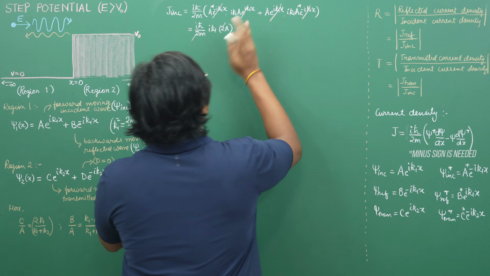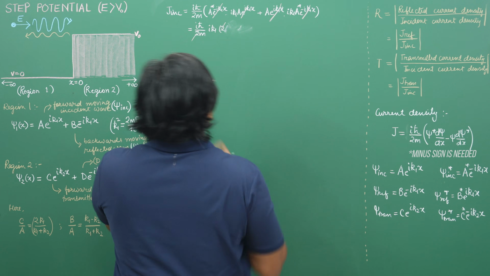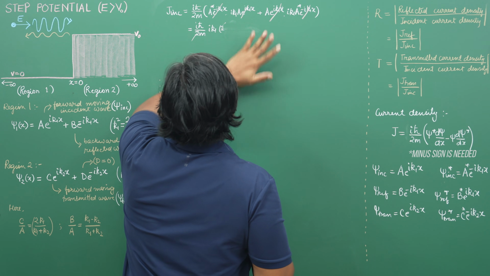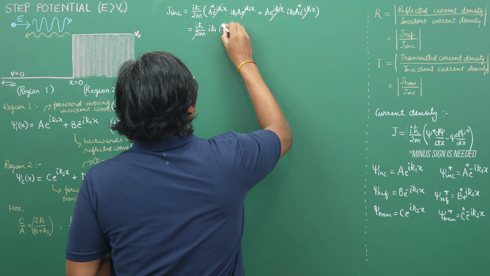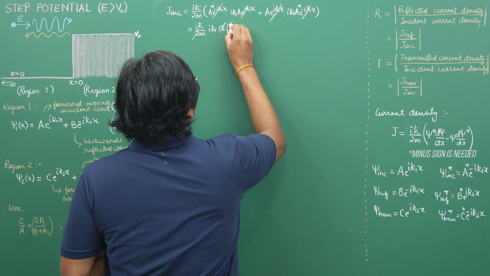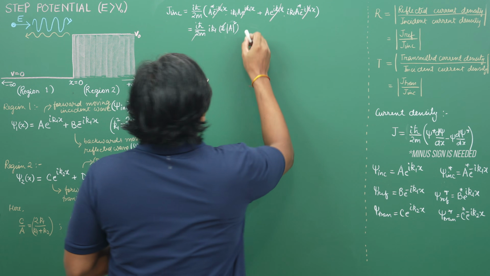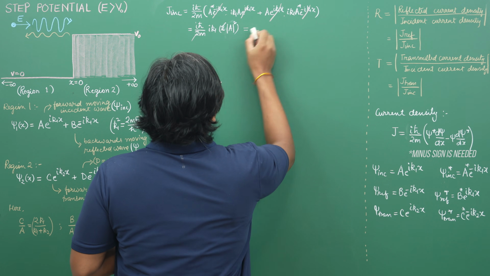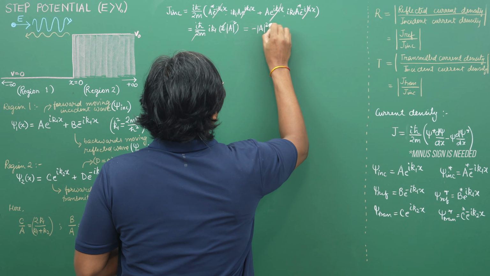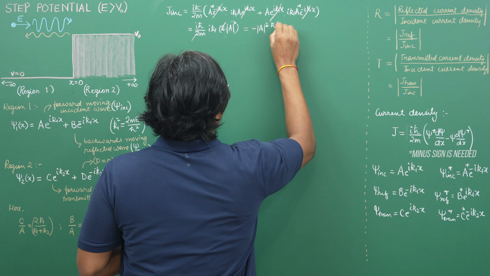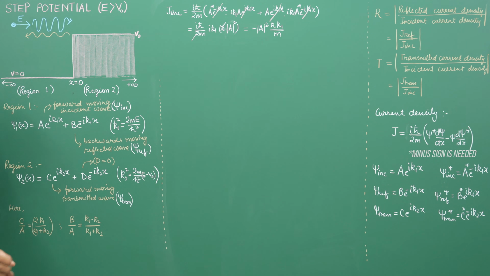So this should be, to be precise, 2a mod square. So the 2 gets cancelled, and then you have a mod square. So finally the current density comes out to be minus a mod square h cut k1 upon m. This is the current density for the incident wave.